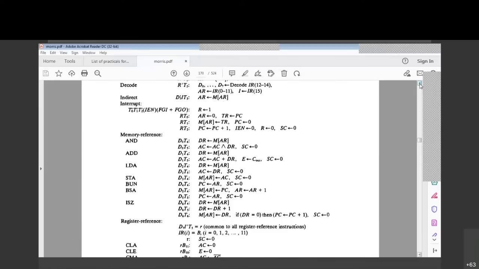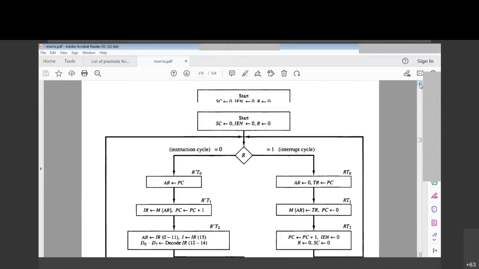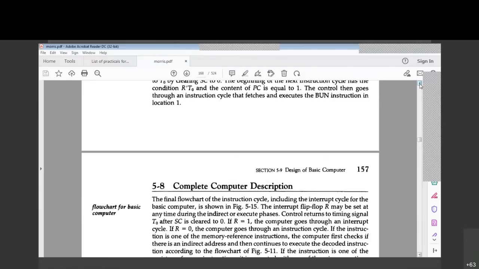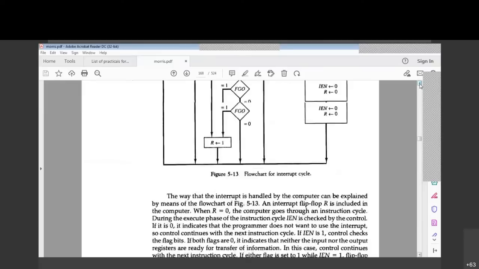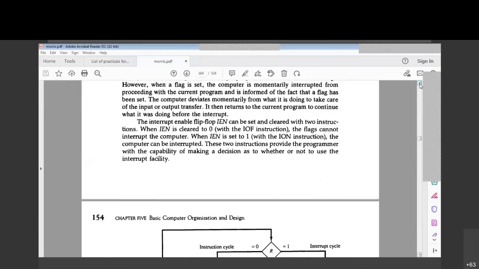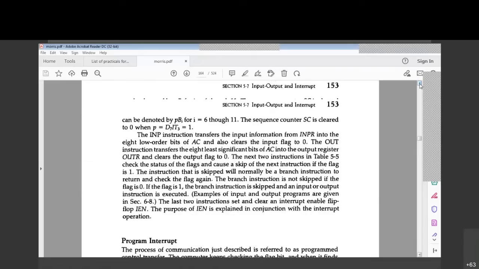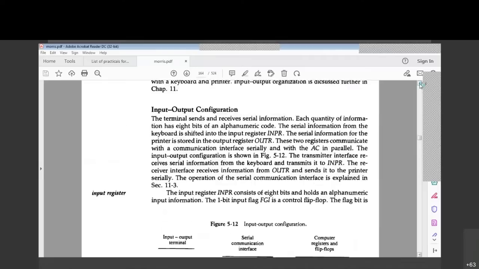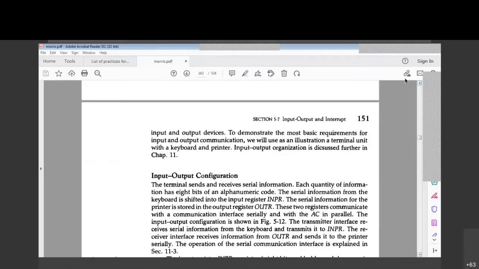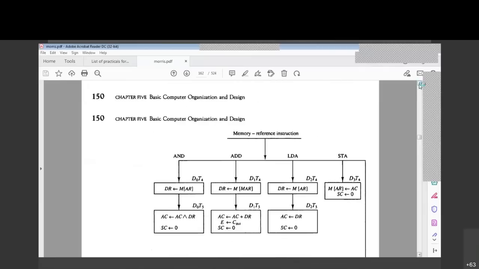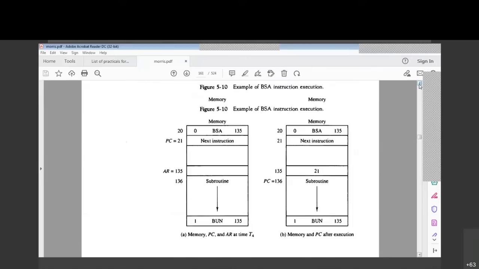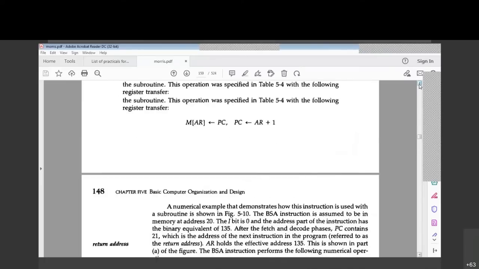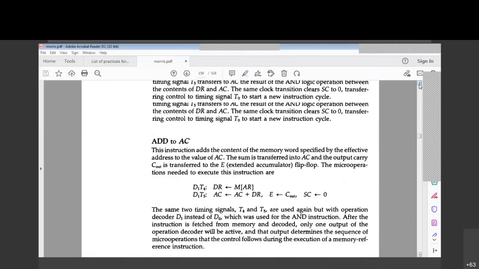The 15th most significant bit can either be 0 or 1. Let us quickly look at our instruction cycle, how to decide whether it is a memory reference instruction or not, and then we'll move ahead to all the different types of instructions. We'll see which are the different memory reference instructions. I'll not take much time. I'll quickly explain memory reference instruction today. Yes, these are the instructions we'll be seeing.